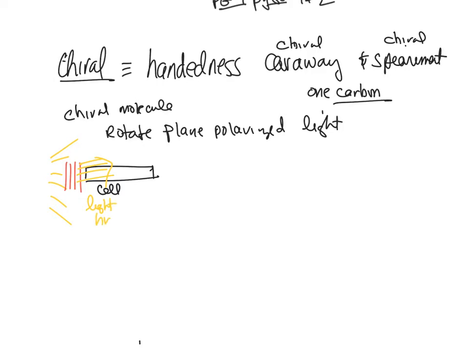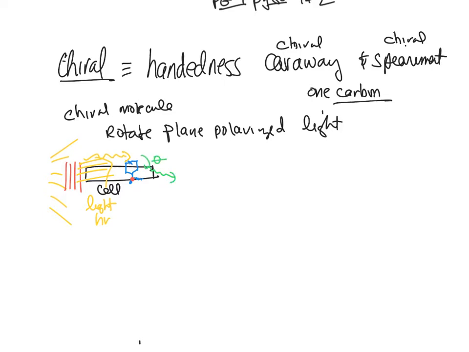When you hit a molecule that's in this cell and it has an asymmetric carbon, so let's say this is our asymmetric carbon, and you have a lot of those molecules, what will happen is this light might be progressing in one direction, and then all of a sudden it hits this molecule and it'll start progressing at an angle, okay?